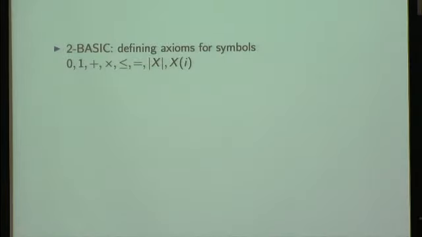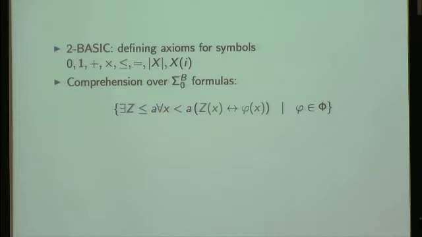Okay, so V0 is another acronym that we need to remember for this talk. It is a base theory, the smallest theory that we'll be working with. The axioms for V0 consist of the set called 2 basic, which is a set of defining axioms for the symbols in our vocabulary, and more importantly, the axiom scheme of comprehension over sigma 0b formulas.